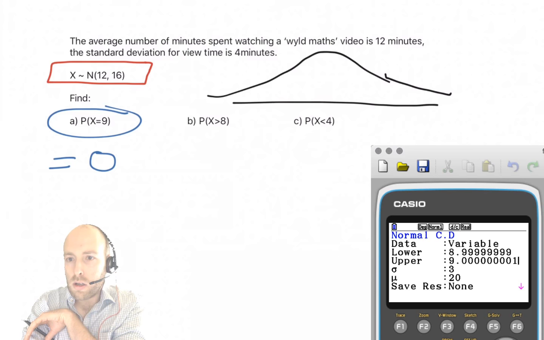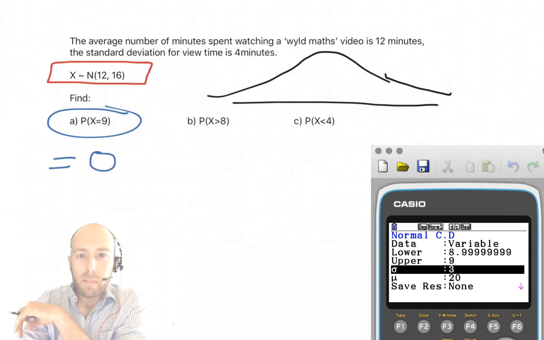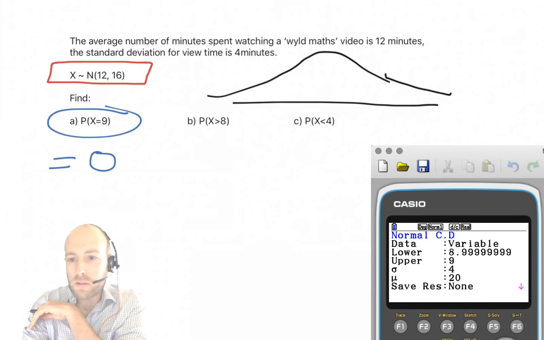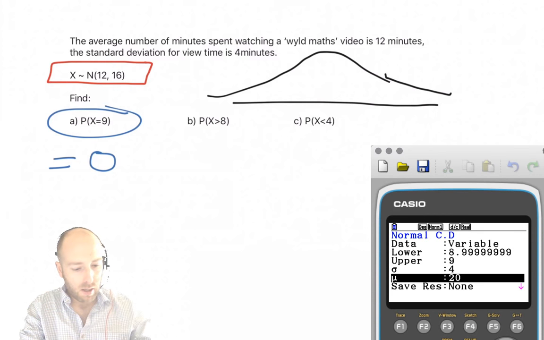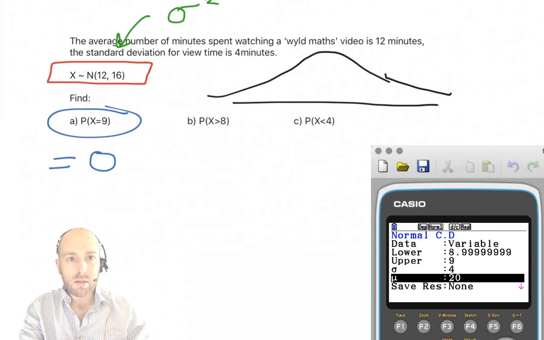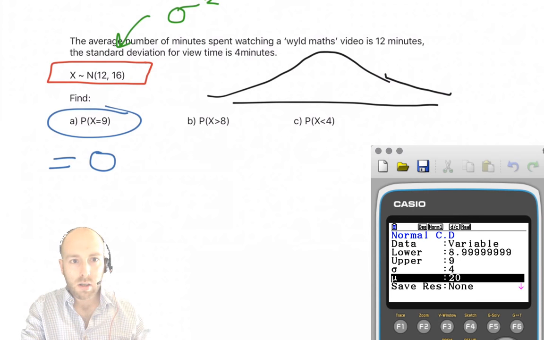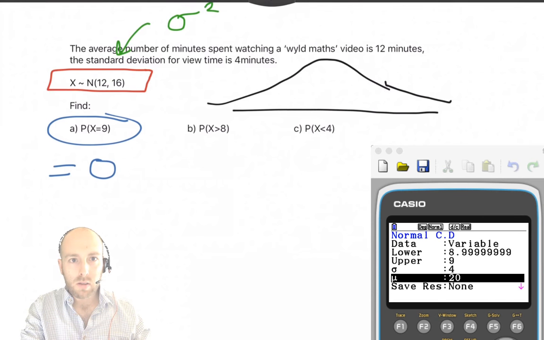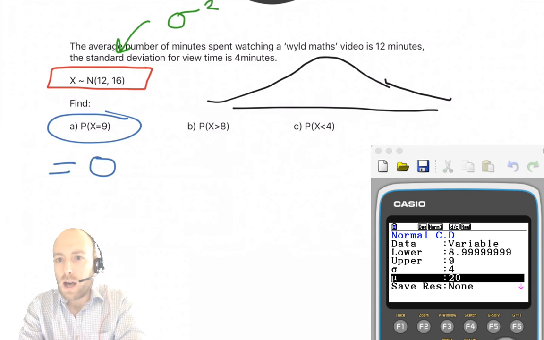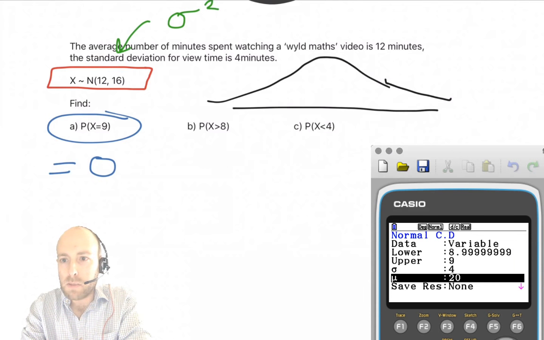We'll put in our standard deviation, which is going to be 4, because remember that bit there is sigma squared. Can you see the squared there? Sigma squared, just about. So I need to put 4 in for that one, and my mean is 12. So I'm going to put 12 in there.